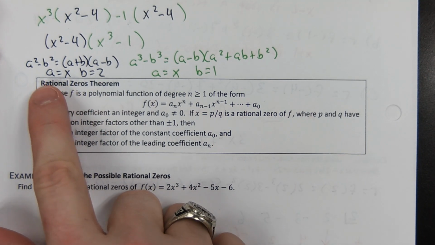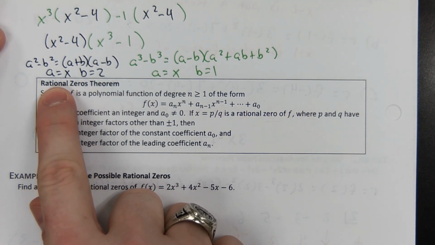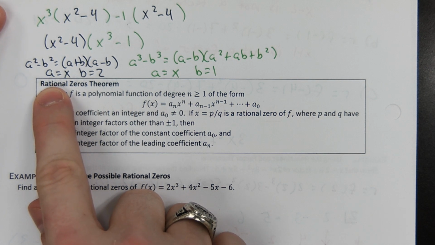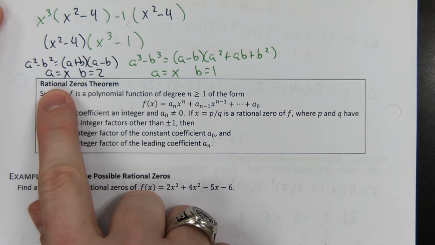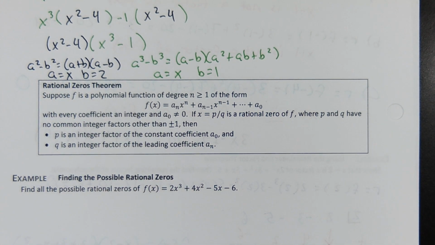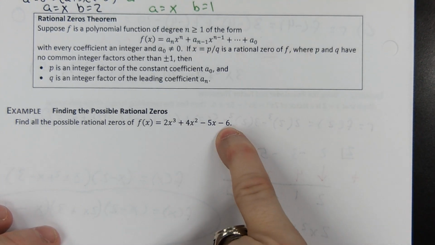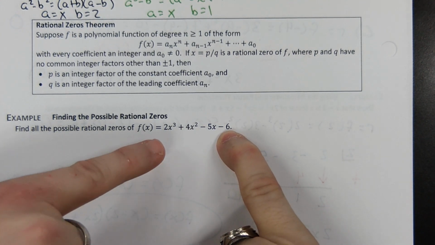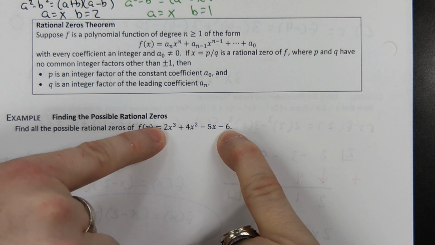As it turns out, the only pretty zeros, and rational means fractions or whole numbers, no radicals, no imaginaries, that are even possible are going to be dictated by the factors of this divided by the factors of the 2 on the front.